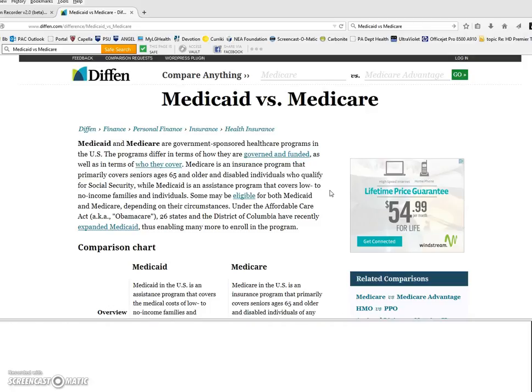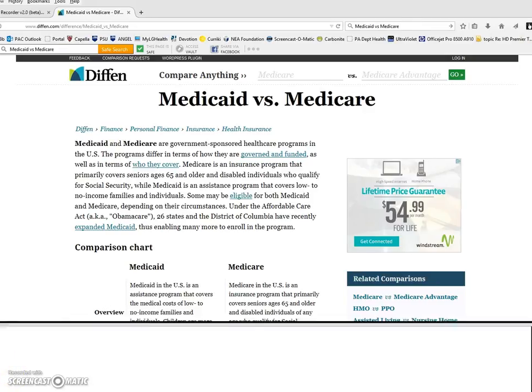Some may actually be eligible for both Medicaid and Medicare, and that depends on the circumstances. What we do know is that through the Affordable Care Act, or Obamacare, 26 states and the District of Columbia have recently expanded Medicaid, and thus more individuals have been able to enroll.